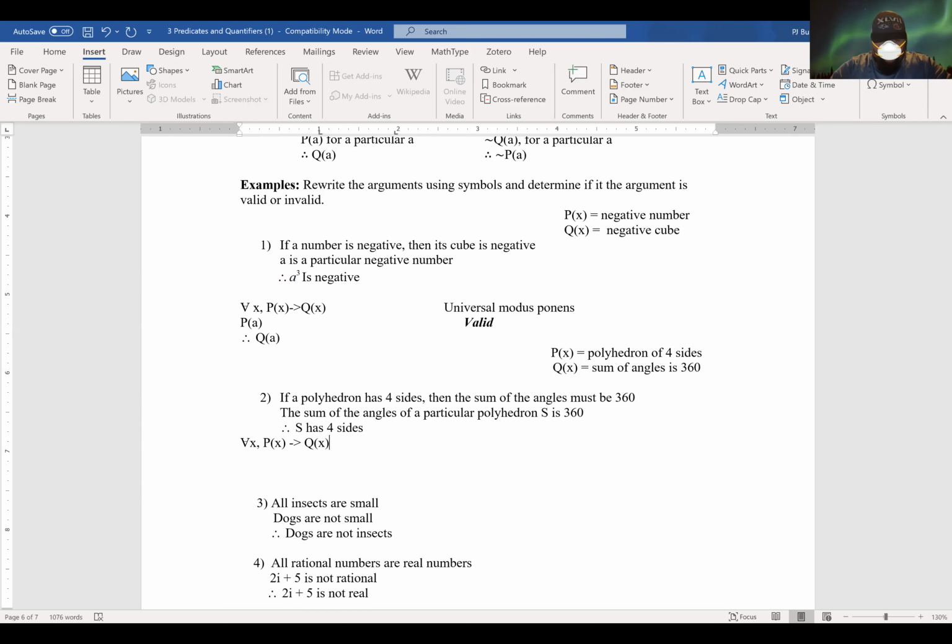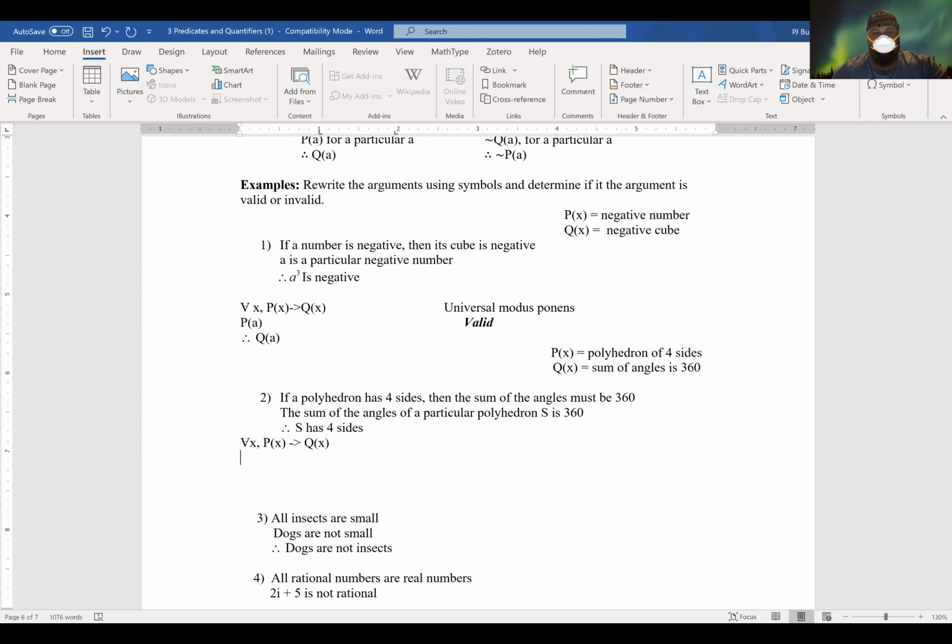Everybody agrees with that. The next sentence says the sum of the angles of a particular polyhedron S is 360 degrees. Now that is the Q statement with a particular value plugged in.